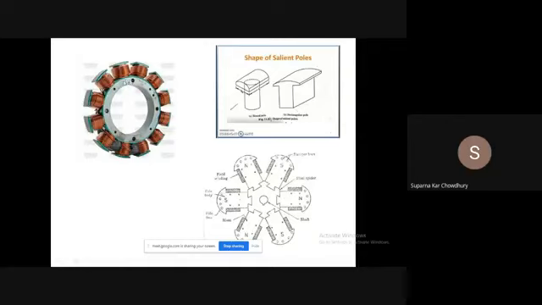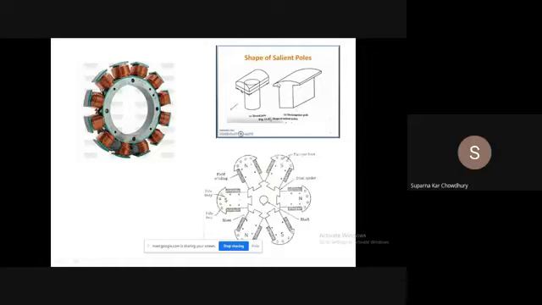Now here also the excitation is DC. There is no need to laminate the rotor structure, but from a constructional point of view, these pole pieces are separated and attached to the spider. It is easier to have a laminated pole. So poles are laminated.